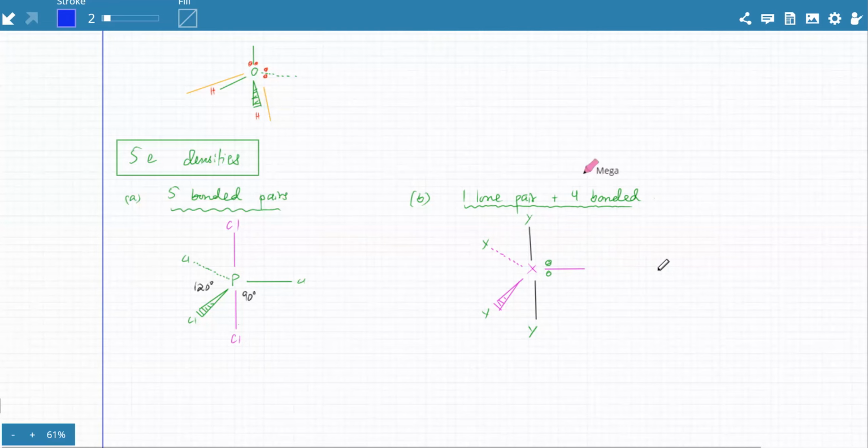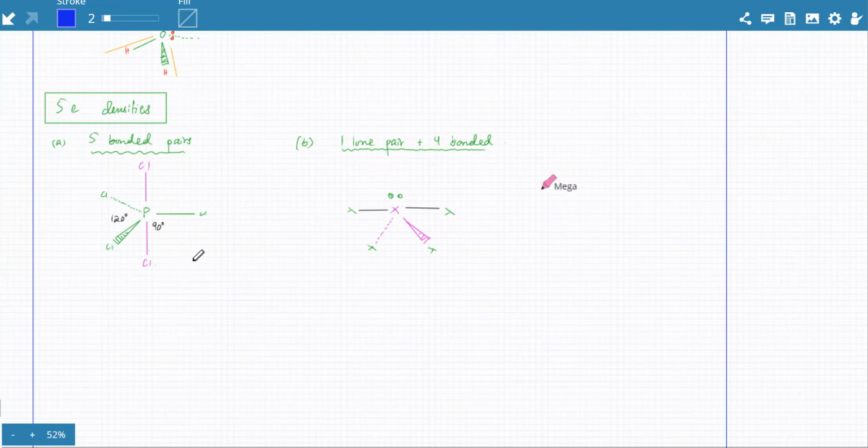This is called a seesaw shape, because if you look at this shape from the side and you remove the top, it looks like a seesaw. Is this clear? It looks like a stand with two persons sitting on both sides.